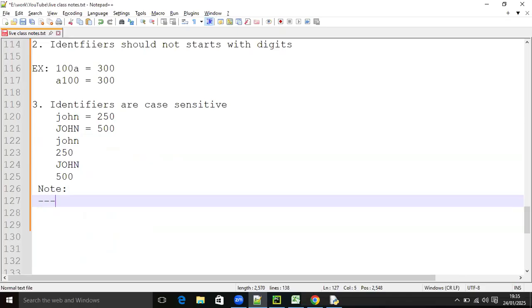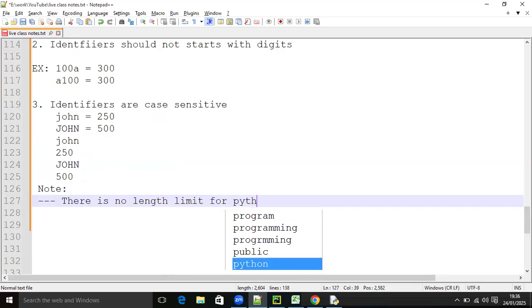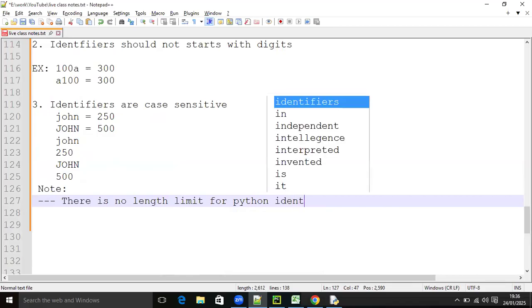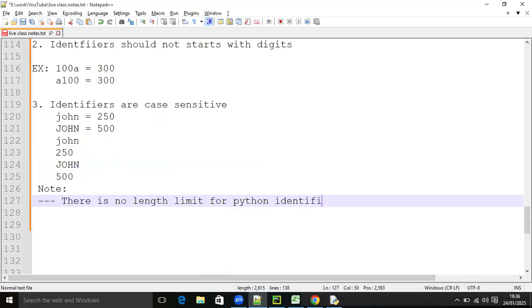First condition, there is no length limit for Python identifiers. I will explain what length limit means after writing this line.